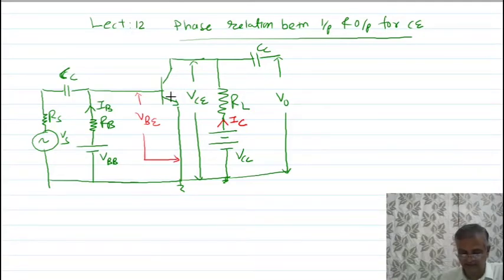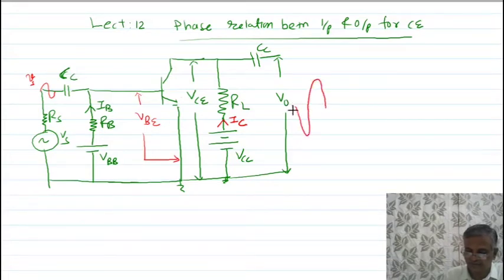Here this transistor and associated circuit convert this DC energy into AC energy at the output. As a result, your input signal is amplified.